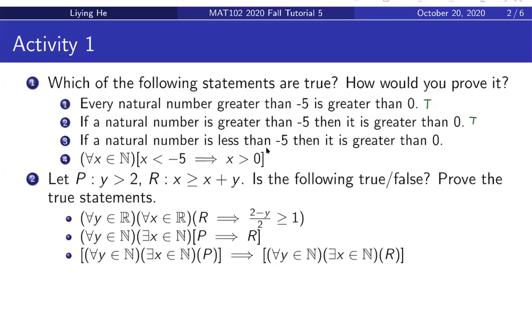Okay, one of you thinks it's false. Yes, it's vacuously true.